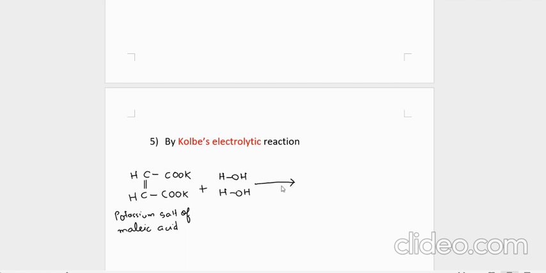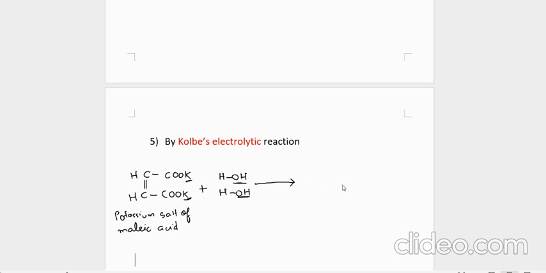Now as it is an electrolytic reaction, you're going to have products that are formed at cathode and anode. If you look at the starting material, you have two potassiums and you have two hydroxyl groups.